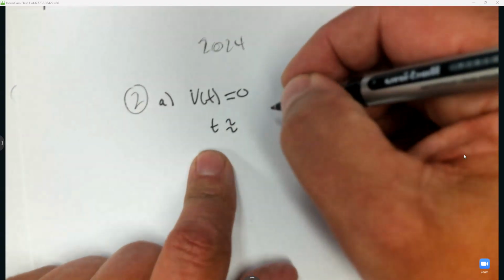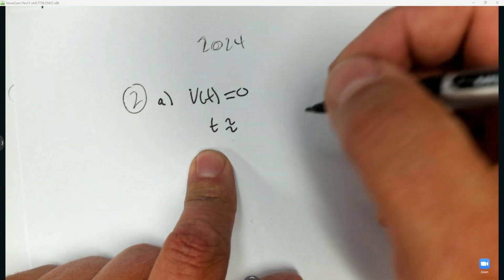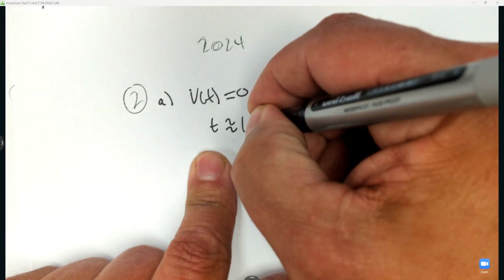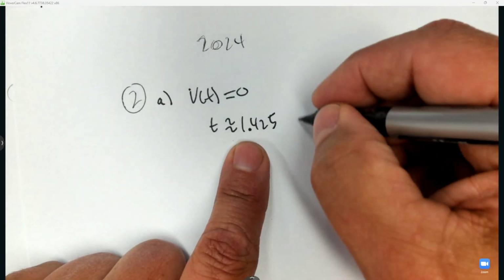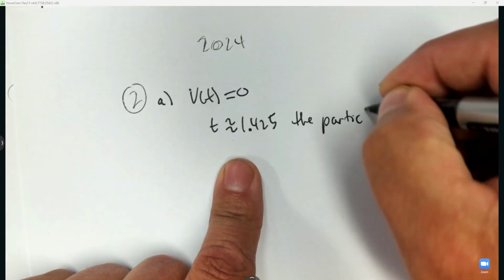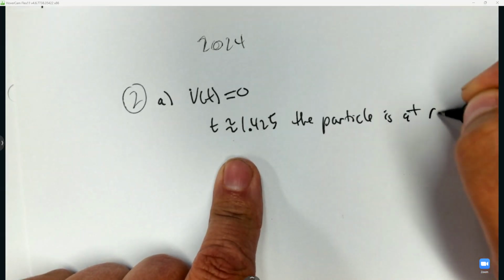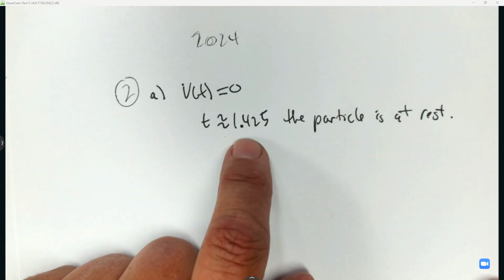And what was that time when the particle was resting? Between 0 and 2, it was 1.425. So there's step number 1. So there's your answer between 0 and 2.